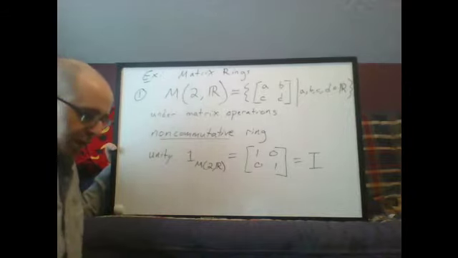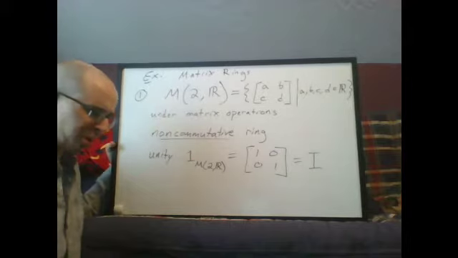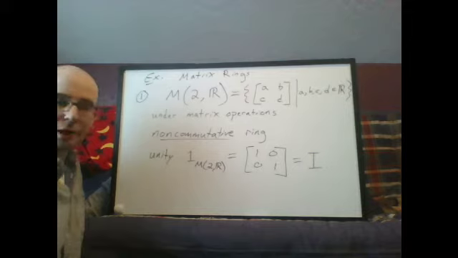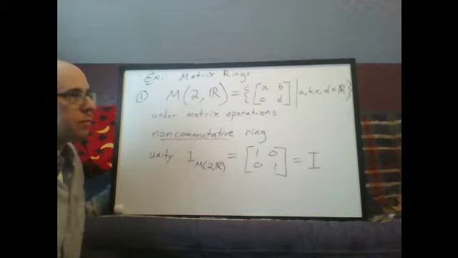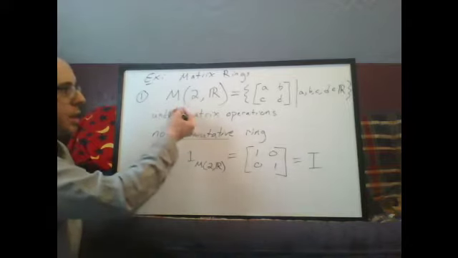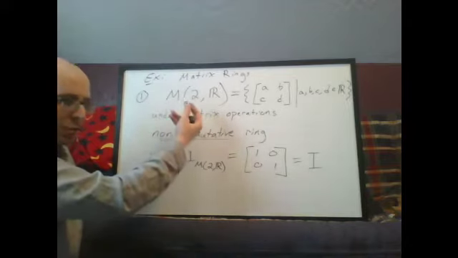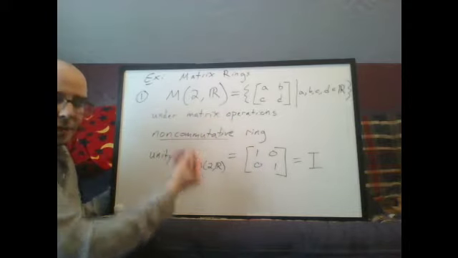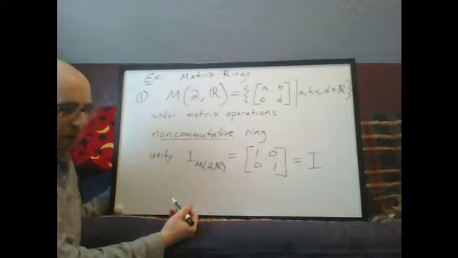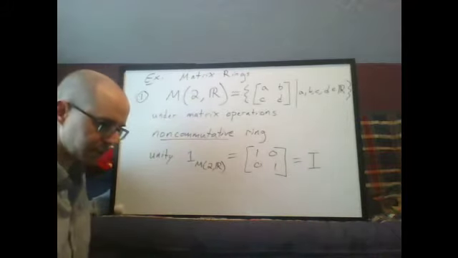I know I said that we don't really talk about units so much when we're dealing with non-commutative rings. However, we do have the notion of multiplicative inverses, and in this context, the set of matrices that have inverses is GL2R that we're used to using from group theory. Let me not write anything about that though.